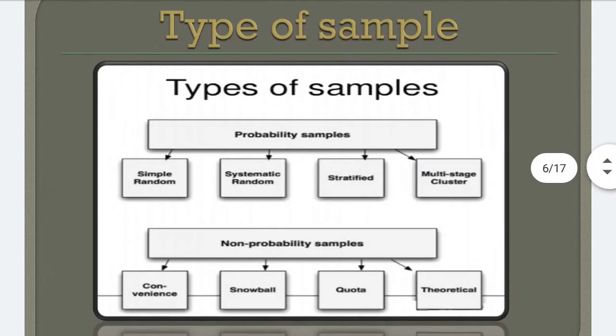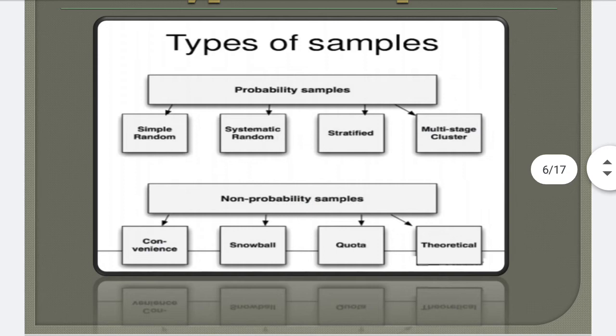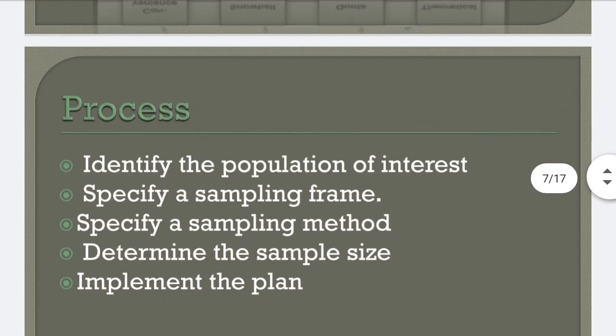Types of sample: there are two types of samples, probability samples and non-probability samples. Probability samples are divided into simple random, systematic random, stratified, and multi-stage. Non-probability samples are convenience, snowball, quota, and theoretical.